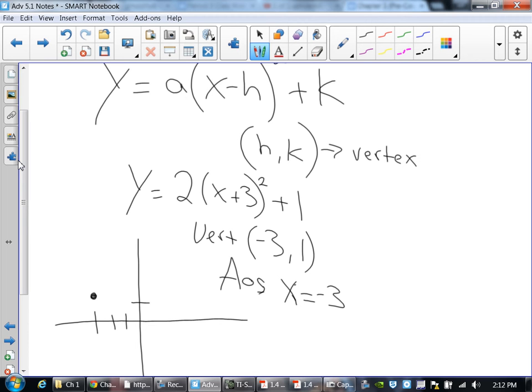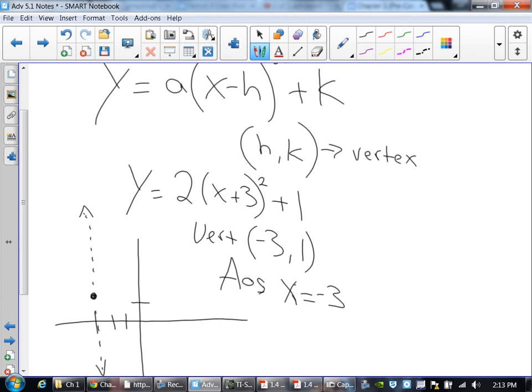And just like I said earlier, if we know that that axis of symmetry is right here, all we have to do is find one set of symmetric twins. Make it really easy on yourself. Well, let's use 0 or negative 1. Any one of them.